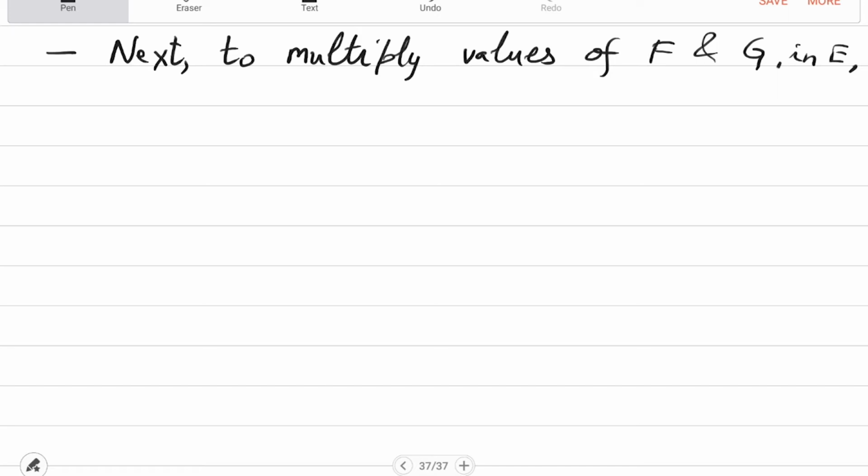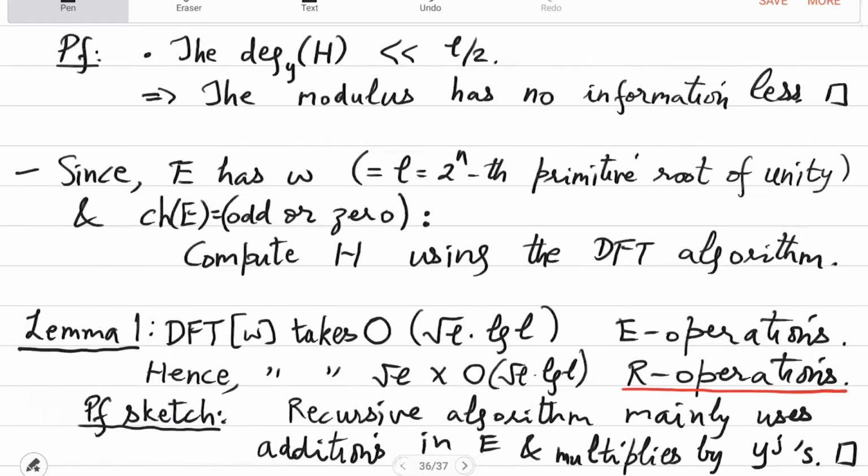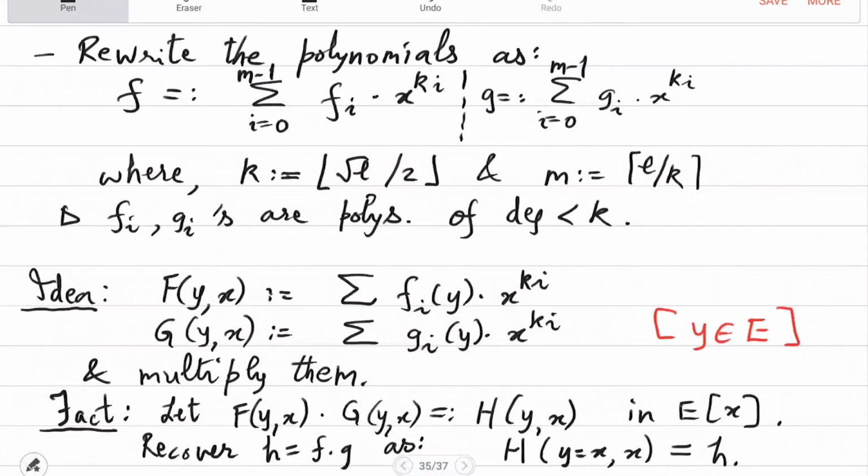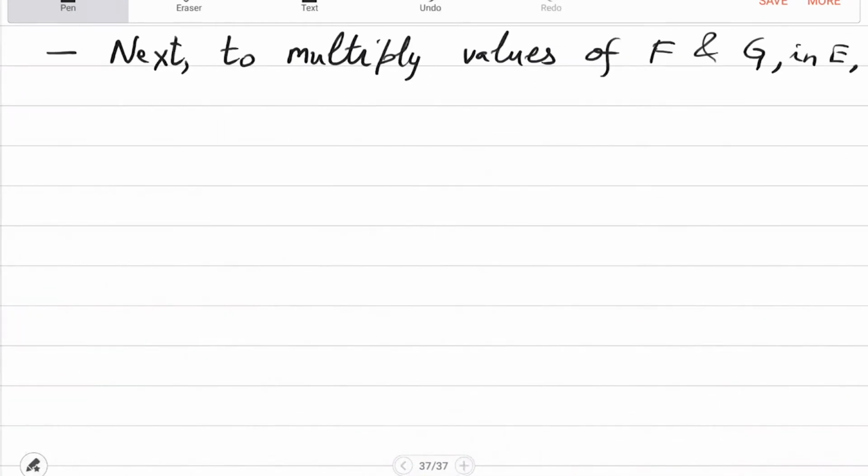The DFT gave you m values, right? The effective degree of big F in terms of x, this i here goes from 0 to m minus 1. So it's basically m values. So m instances of multiplication.